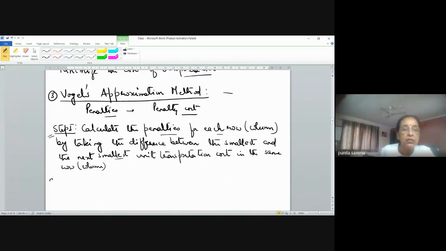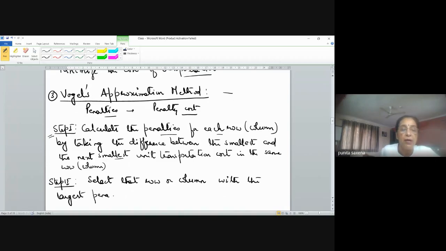So what we do in step number 2 is we select that row or column with the largest penalty.